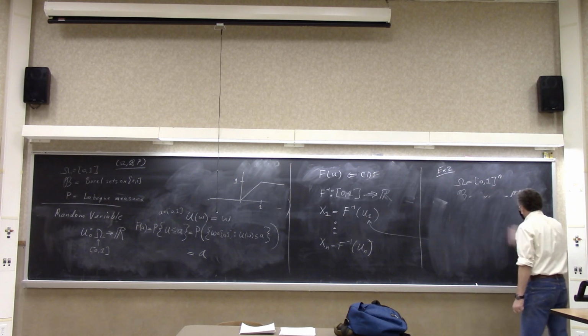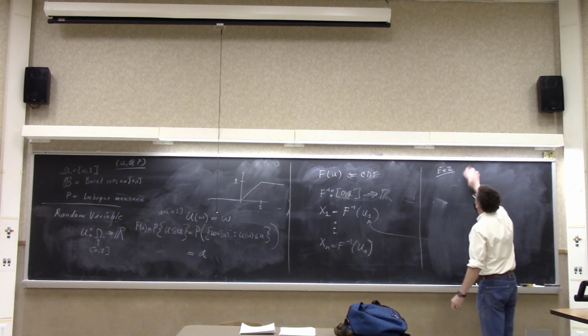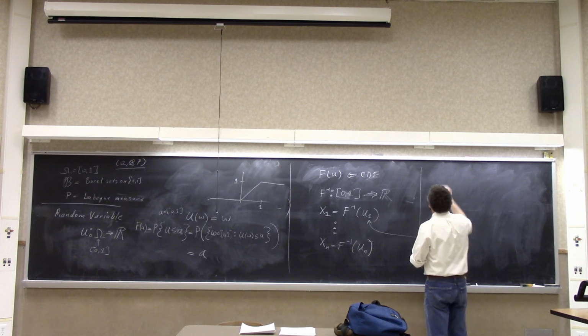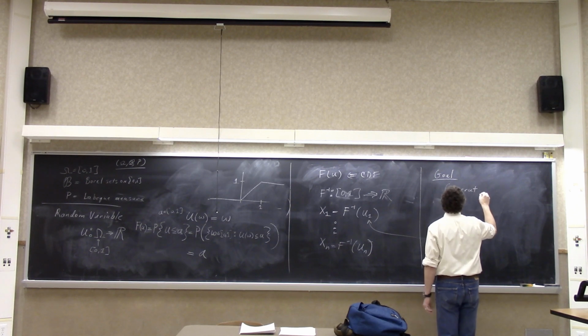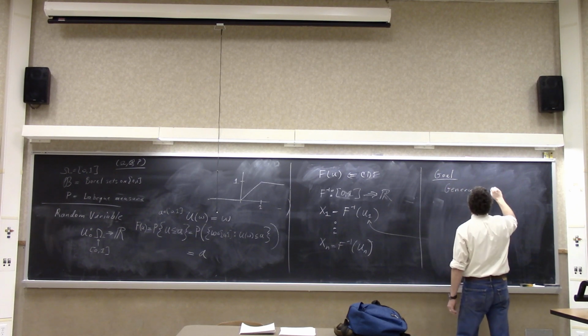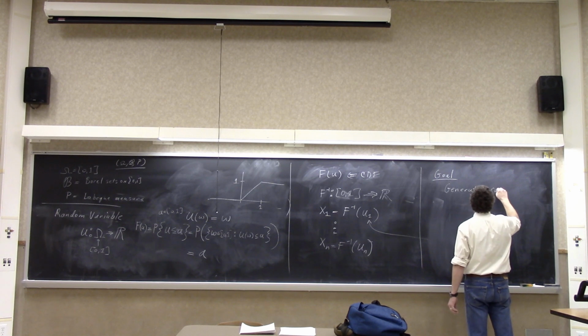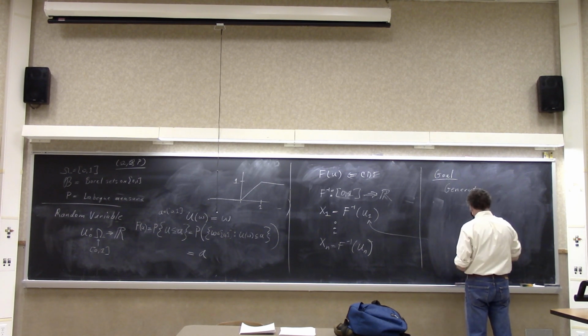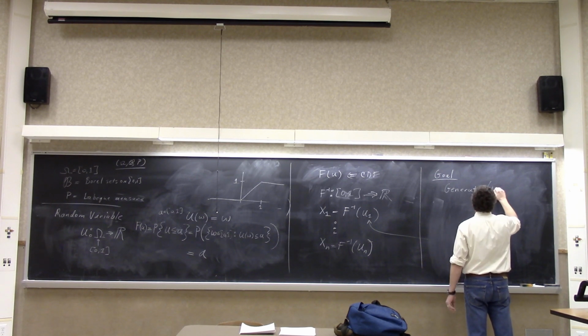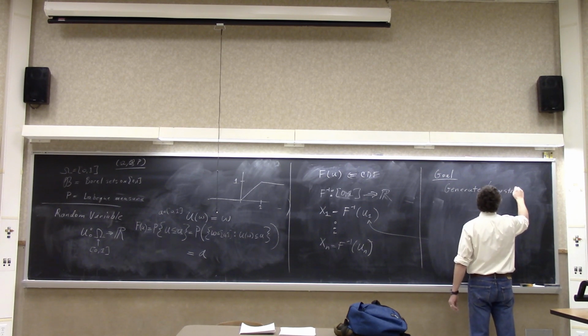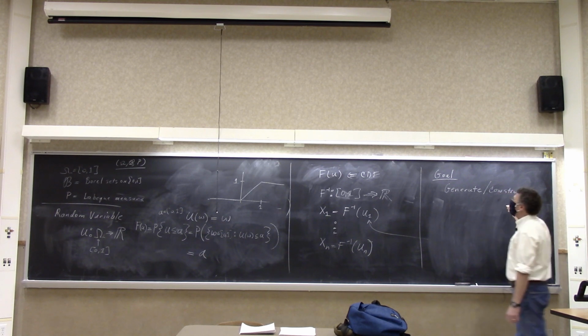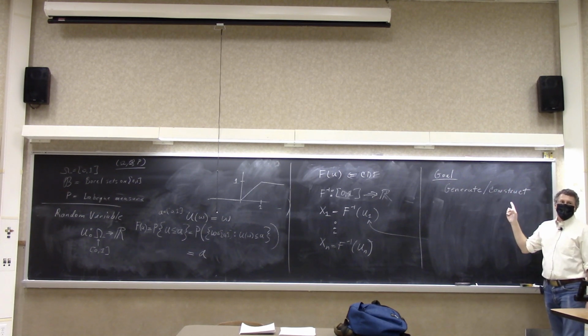So we're going to generate, so what is the goal? The goal is this: generate or construct random variables. I'm unclear about this, and everybody's unclear about it because it gets too confusing, okay?